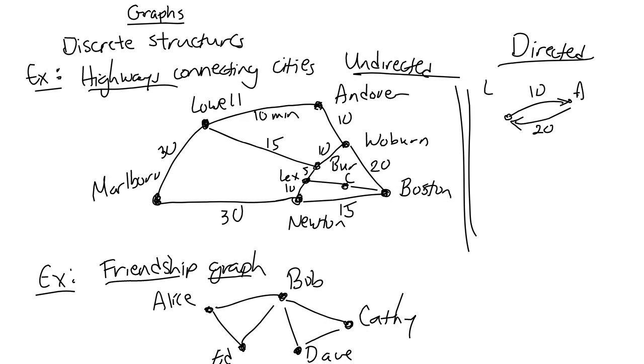So in an acquaintanceship graph, we might have arrows here to represent the fact that Alice knows Bob, but that is not returned. And you'll notice in this figure, I did not put numbers on the edges. So depending on the context, we might have numbers, we might not. We might have arrows, we might not.